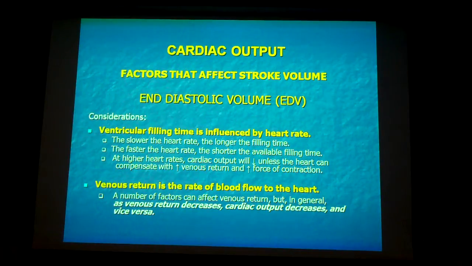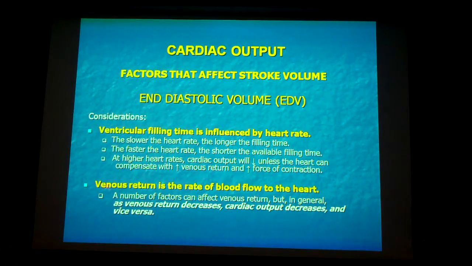So, as you get up to heart rates of 160, 170, and higher, those ventricles are contracting very rapidly, and they have very little time to fill with blood. And there's going to come a point when that cardiac output is going to fall way off.